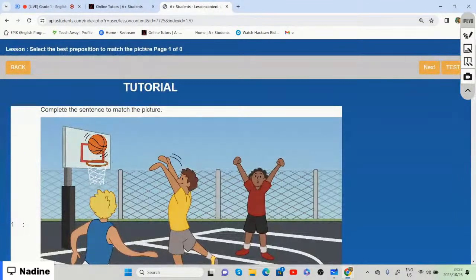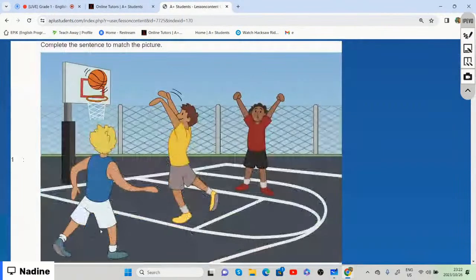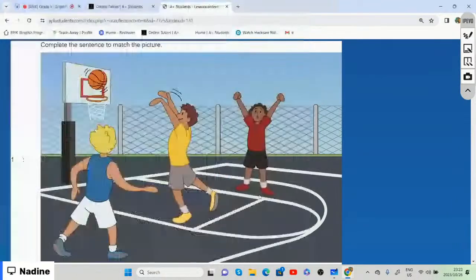If we look at the picture, we need to complete the sentence to match the picture.